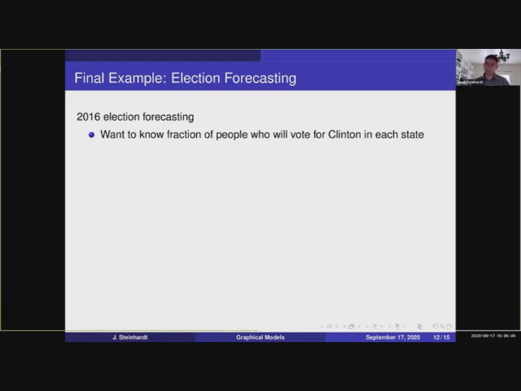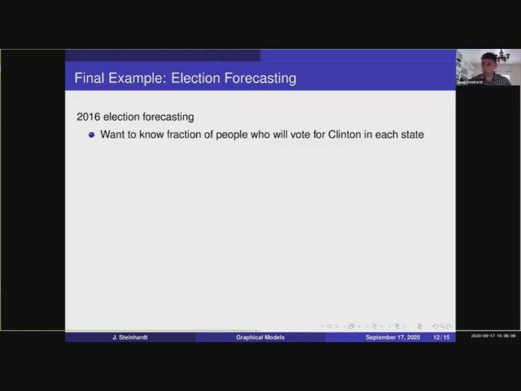What modeling assumptions can buy you, but also ways in which incorrect modeling assumptions can get you into a lot of trouble. We're going to go over an example where incorrect modeling assumptions led to big problems for a lot of people in forecasting the 2016 election.